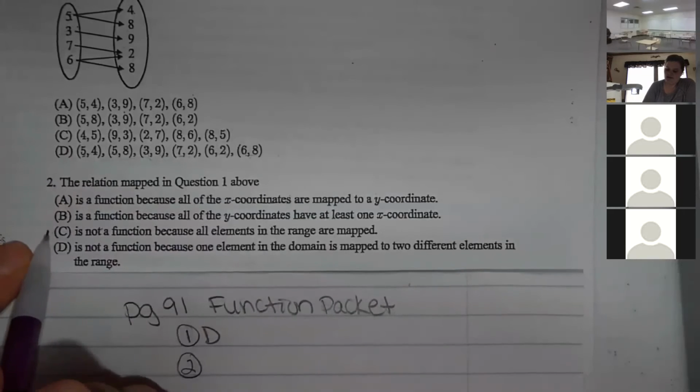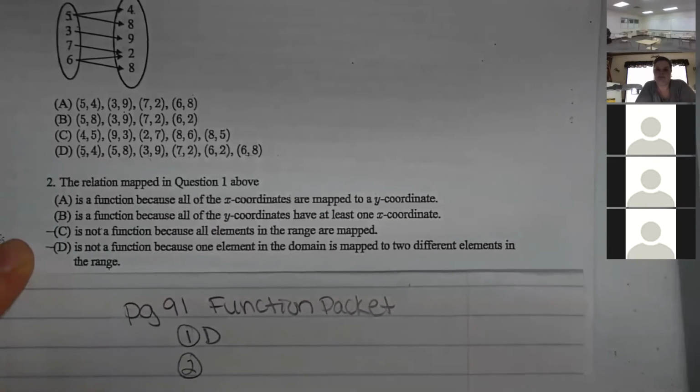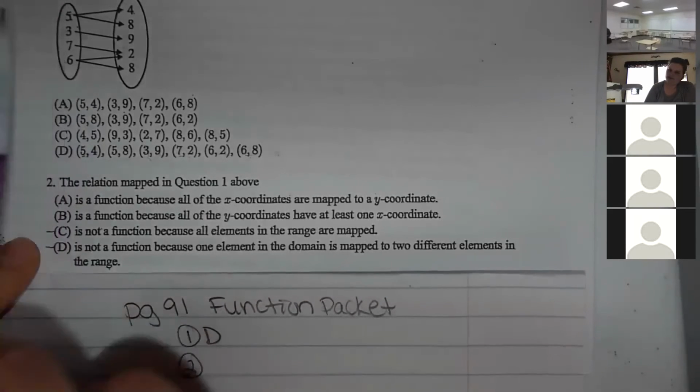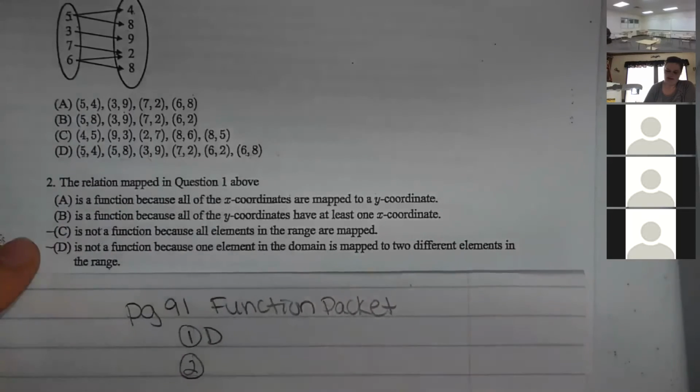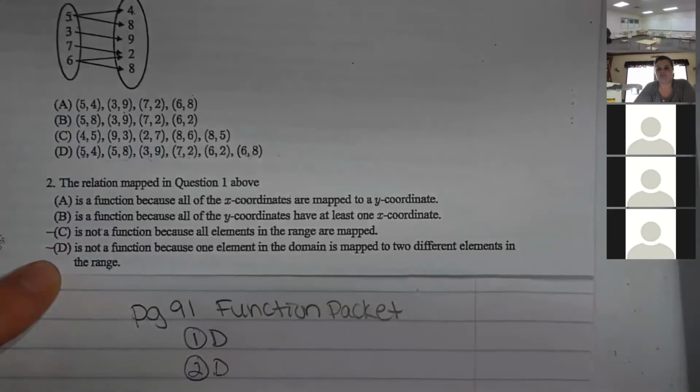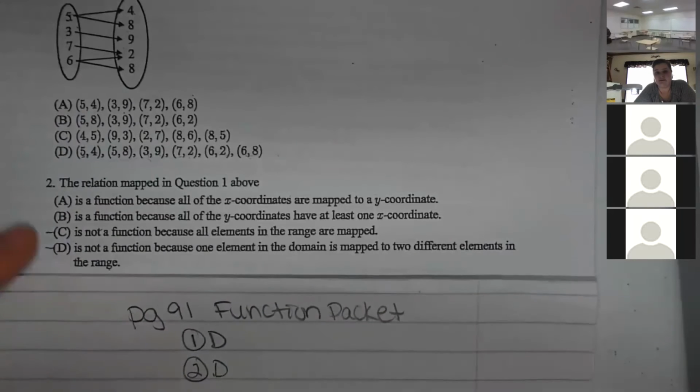So now we're down to either C or D. Is it not a function because all the elements in the range are mapped? That doesn't make much sense, but let's read the next one. Is it not a function because one element in the domain is mapped to 2 elements in the range? Yes. So remember, I can't have 2 of the same inputs. 6 went to 2 and it went to 8. You can't do that. So letter D. So actually page 91 is done. I did it for you.